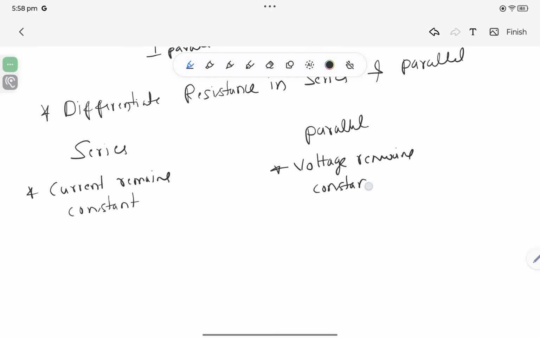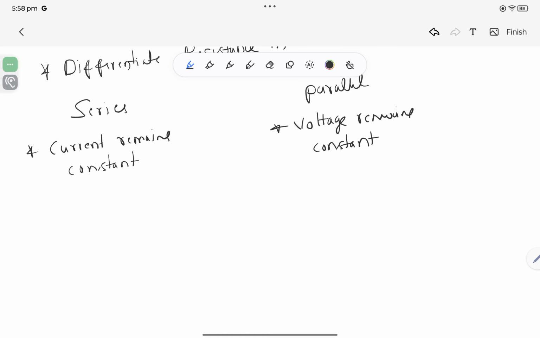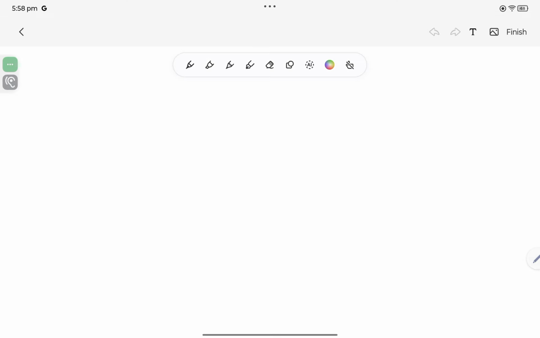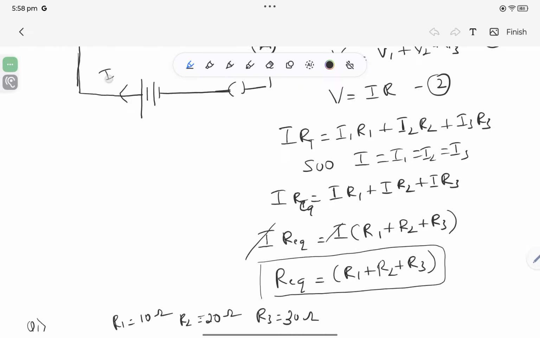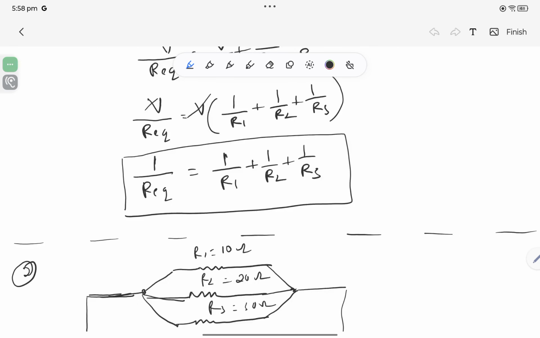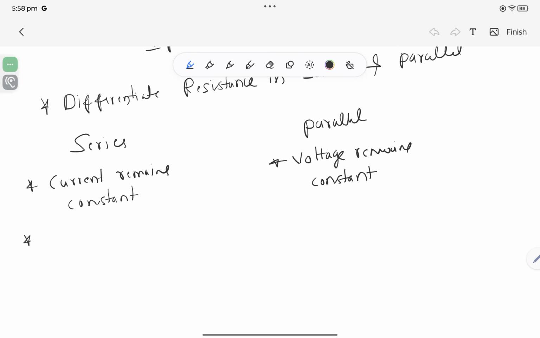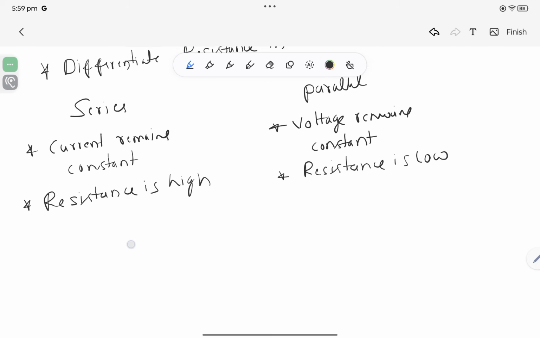There is one more point: in series, resistance is high. Here in parallel, resistance is low. Here current flow is low.